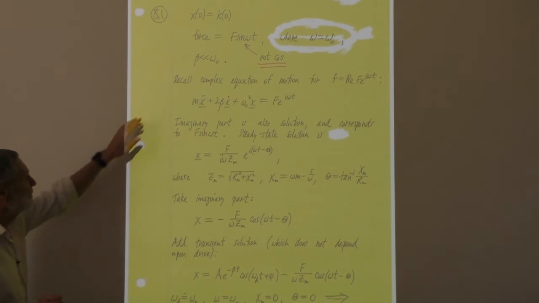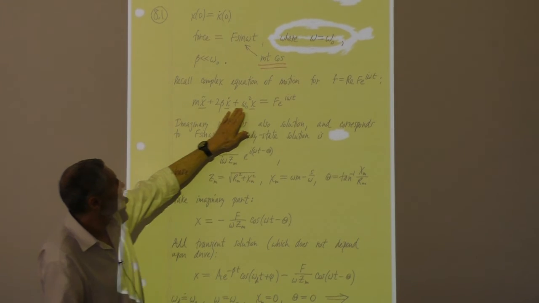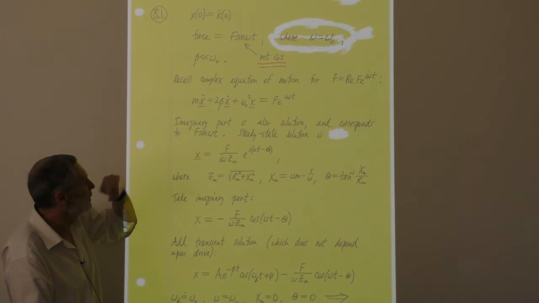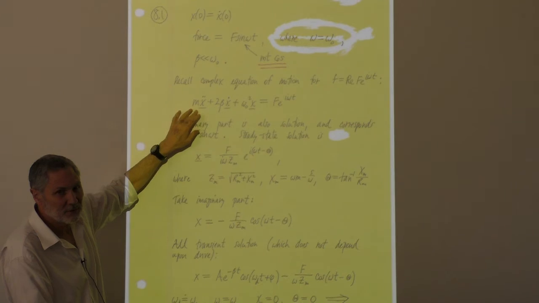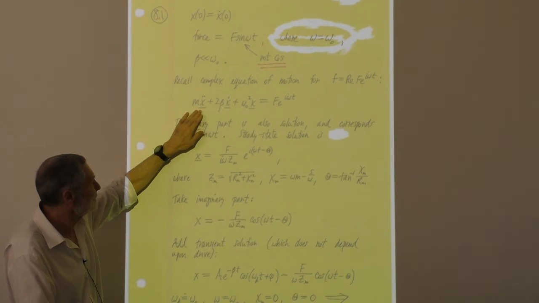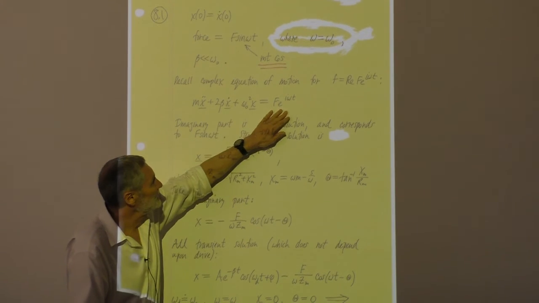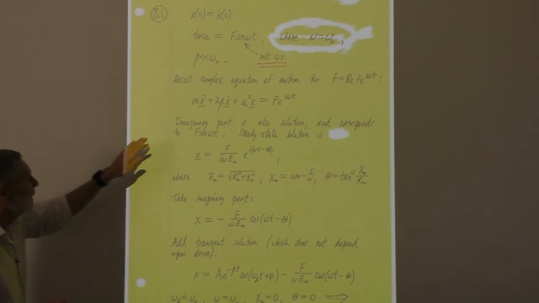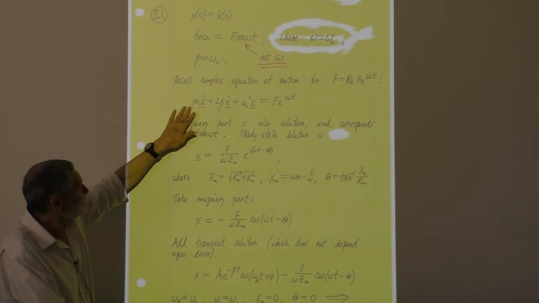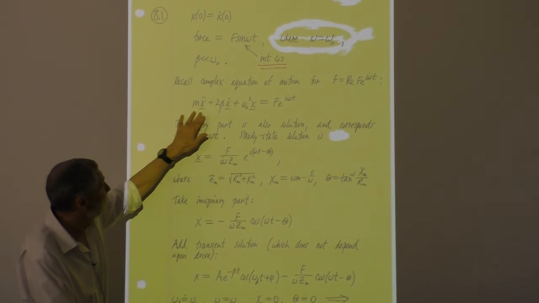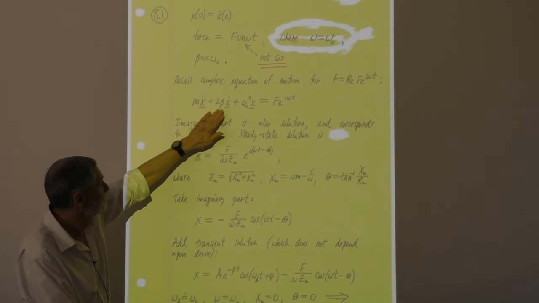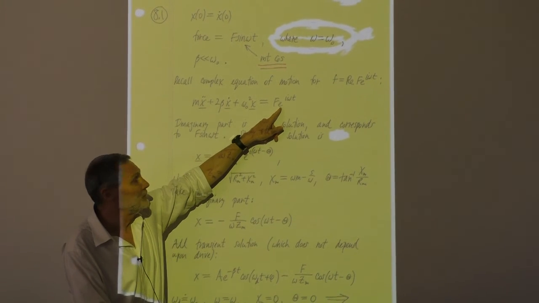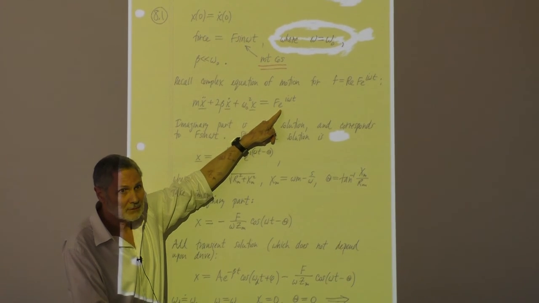All right, so let me remind you what we did in lecture. We considered this. It's important to be explicit here, so I'm going to put the underscore here. So here's the damped driven equation of motion for a damped driven simple harmonic oscillator. And what we did in lecture was we took the real part of this. That's going to give us our actual displacement when there's a cosine omega t drive, right?